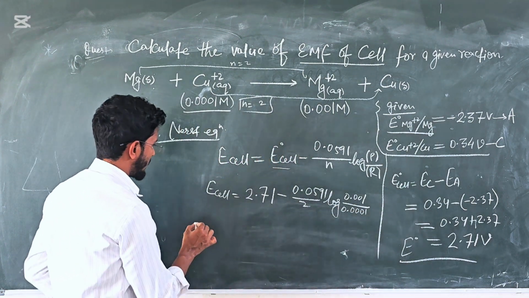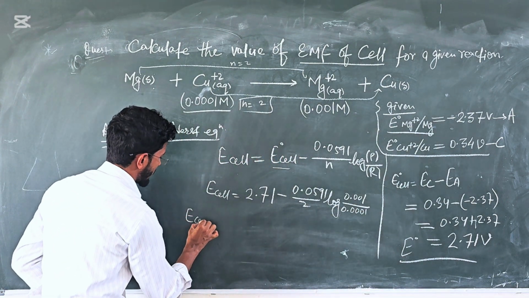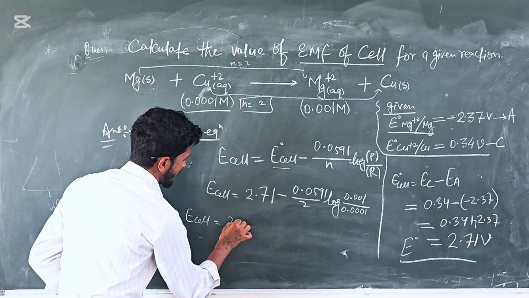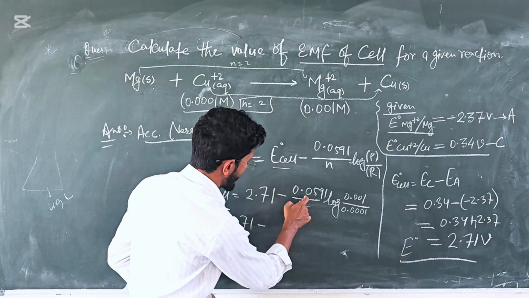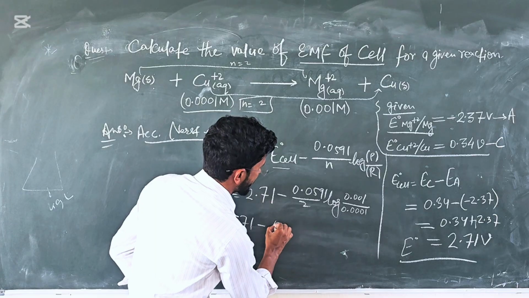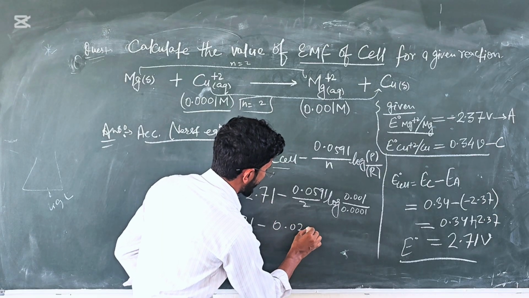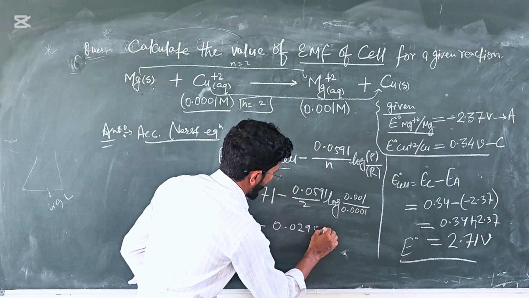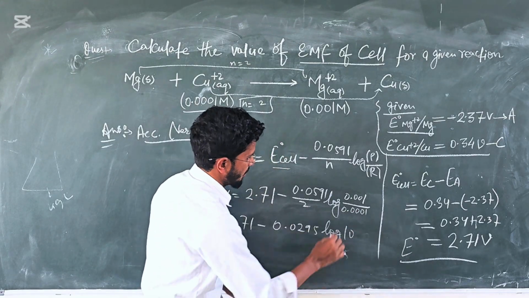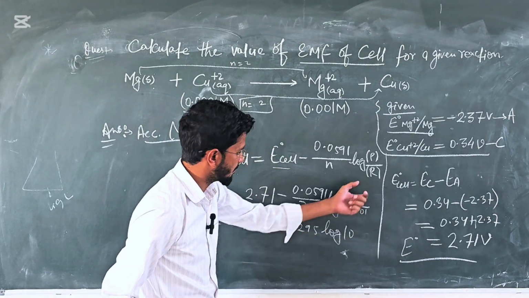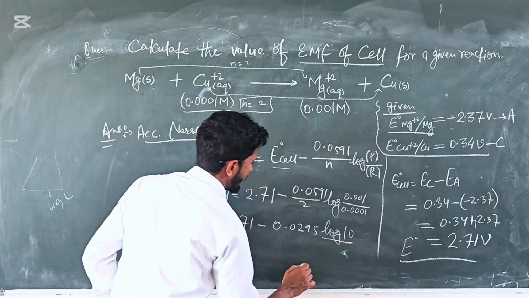From here, E cell is equal to 2.71 minus 0.0295, and this becomes log 10. By equating, this becomes log 10, and the value of log 10 we know is 1.